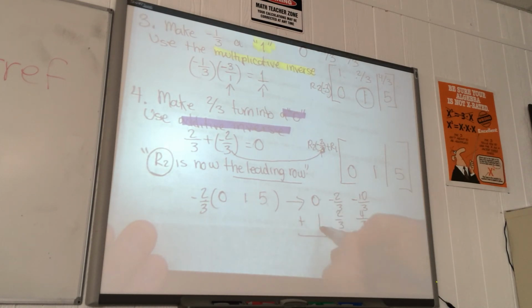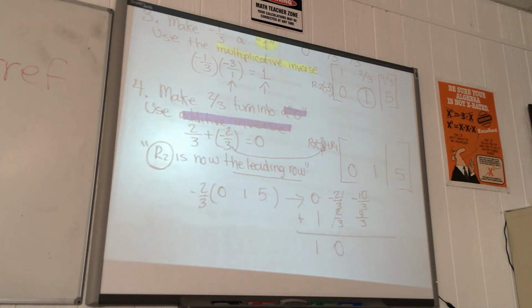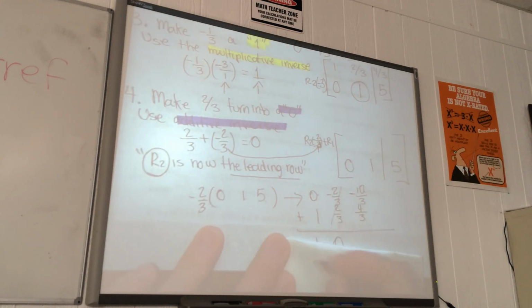So what is 0 plus 1? 1. What is negative 2/3 plus 2/3? 0, right? That was the whole purpose of using negative 2/3. And now what is negative 10 thirds plus 4 thirds? So let's see, if we're not sure about this, we can write it down.